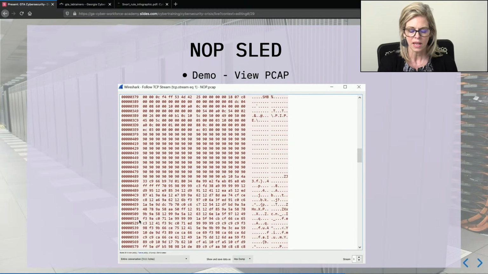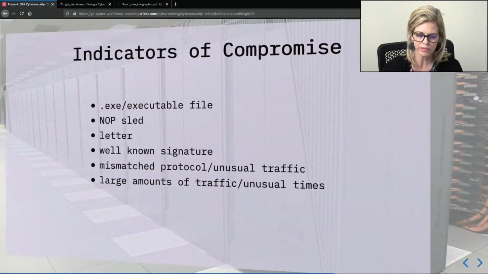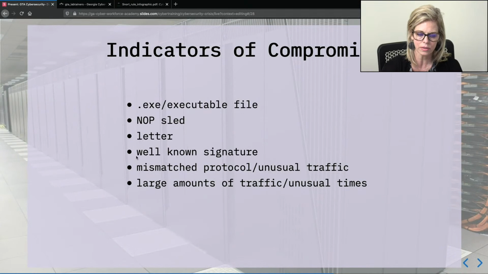Now, from an analyst point of view, if we're looking at this PCAP, we see this is very obvious, isn't it? This isn't obscure or very well hidden from an attacker's perspective. So if you go back to the previous slide, you see letters here.